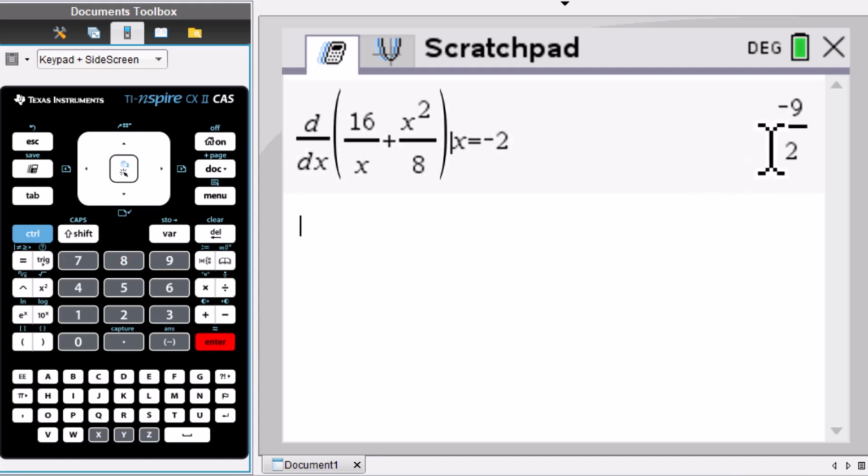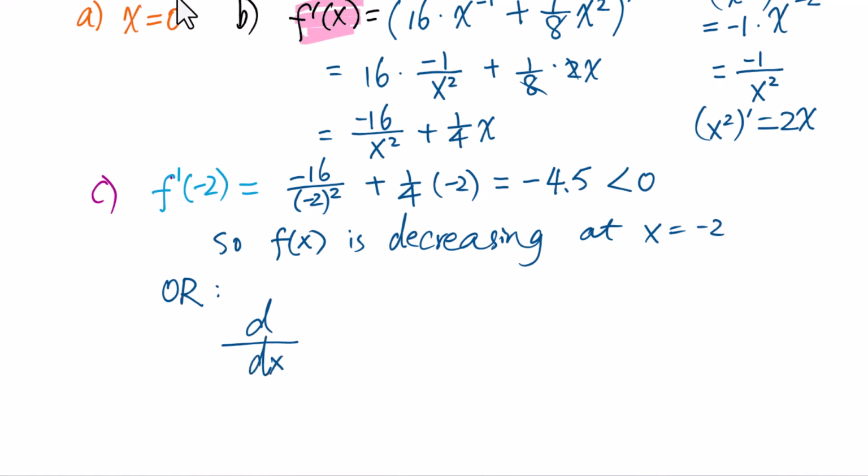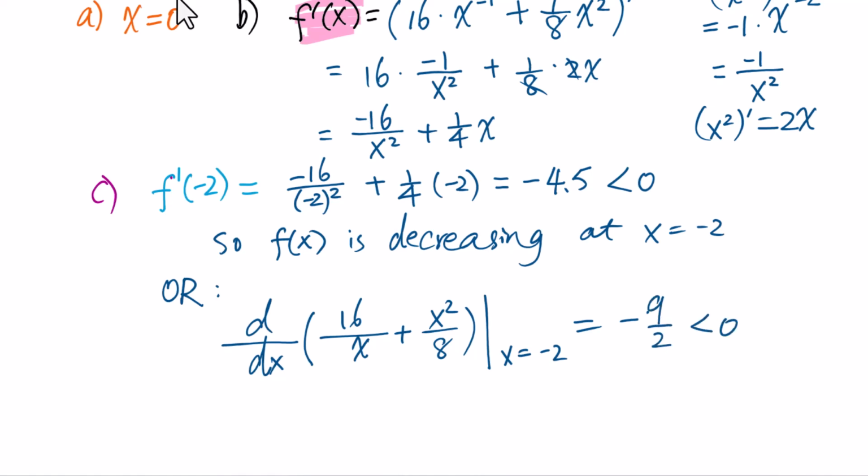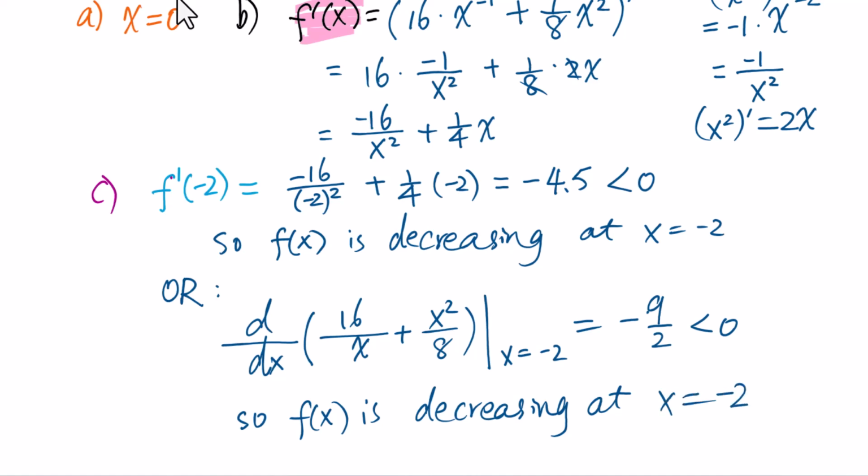We got negative 9 over 2, which is negative 4.5. d/dx of 16 over x plus x squared over 8 evaluated at x equals negative 2 equals negative 9/2, less than 0. So f of x is decreasing at x equals negative 2.